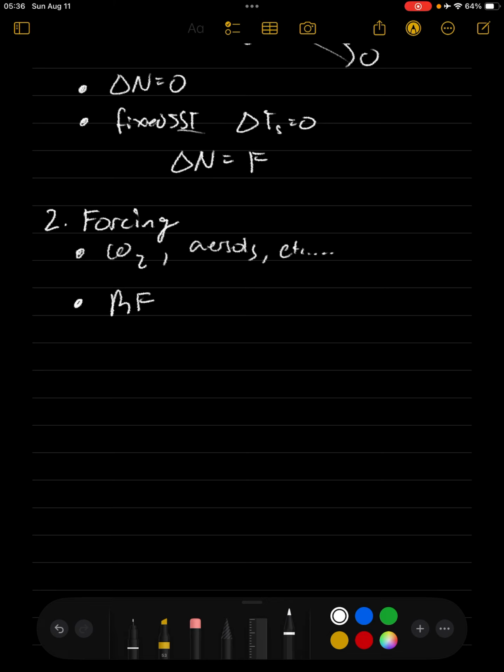Sometimes people will use the effective radiative forcing, which is normally considered the best metric for some type of radiative forcing difference, which is normally taken from the IRF, the instantaneous radiative forcing, plus the sum of the adjustments.